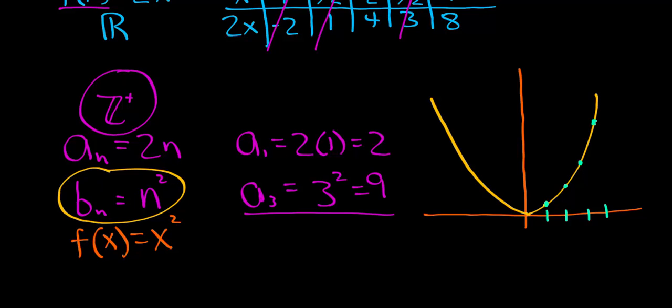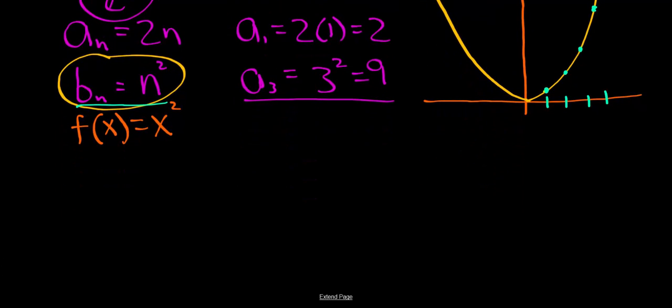Now, not all sequences are given to you in a formula, like this one where we have b sub n equals n squared. Not all the time do you have to have a formula. Sometimes you'll be given a list of values.